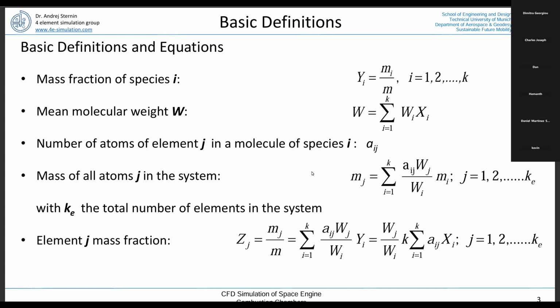We need to identify the most important ones, so that we are able to reduce the mechanism to a system which we can handle in the CFD program. So this would be a reduced chemical mechanism, and one way to generate this reduced mechanism would be some atom flux analysis.